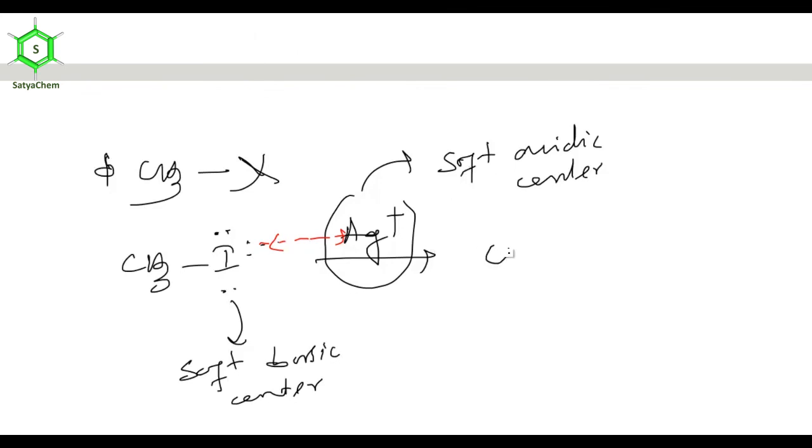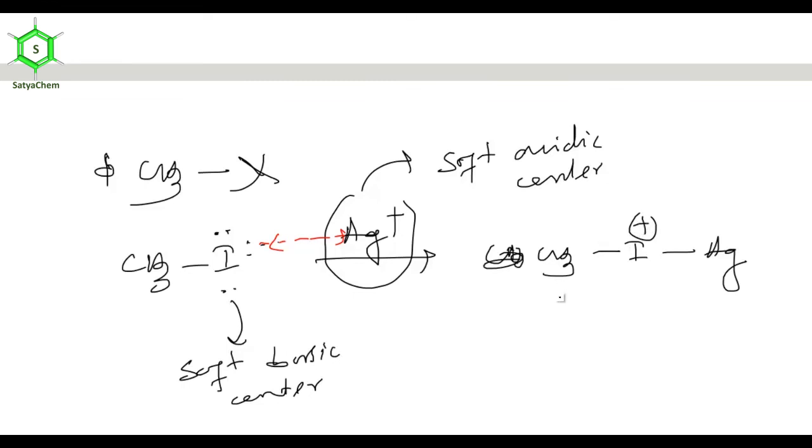Then CH3-I-Ag. When the number of bonds arising from any halogen is 2, you need to put a positive charge on that atom. You can calculate the formal charge, then you will see there will be 1 unit formal charge on the iodine atom.